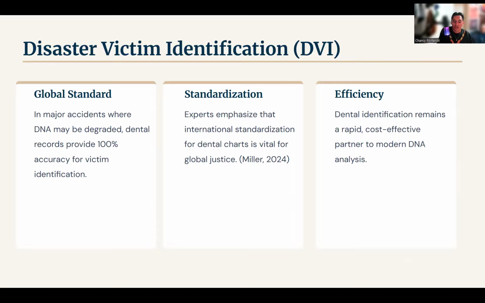To build on this, on an operational level, dental identification serves as a rapid, highly cost-effective partner to modern laboratory DNA sequencing and allows investigators to clear mass casualty files efficiently without sacrificing scientific precision.